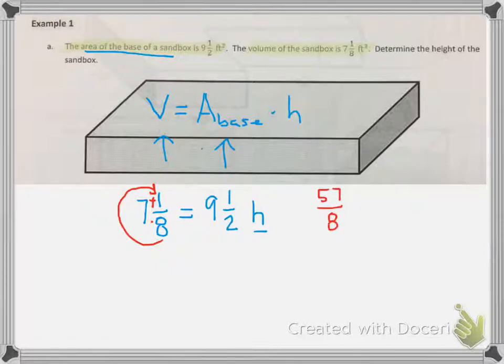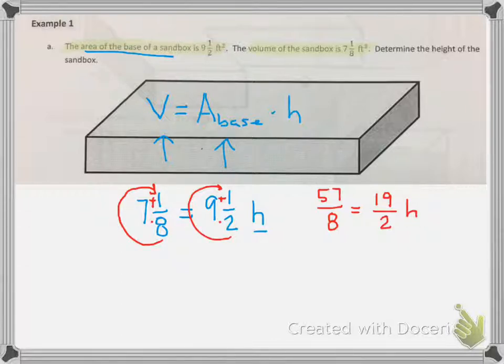So 57/8 is equal to, and let's change this one. This is 2 times 9 is 18, plus 1 is 19, and I keep the denominator 2. So 57/8 is equal to 19 halves times h.